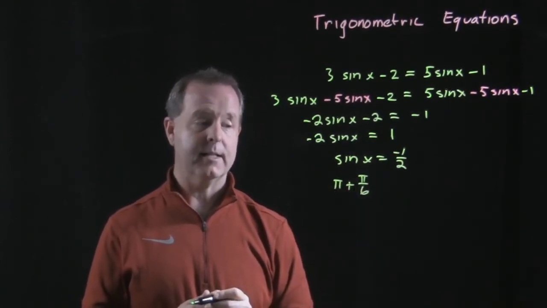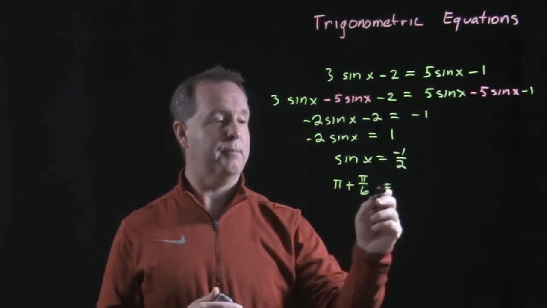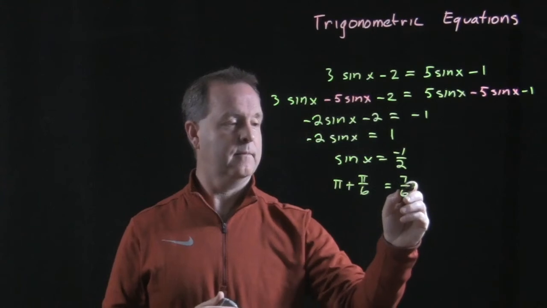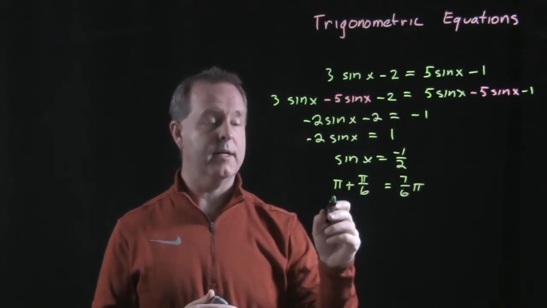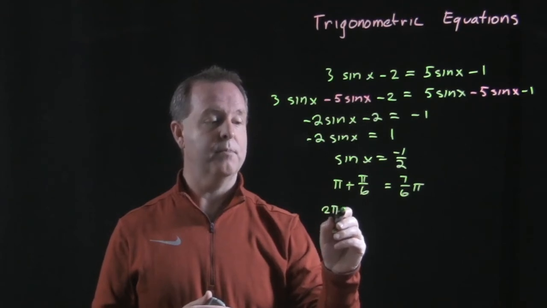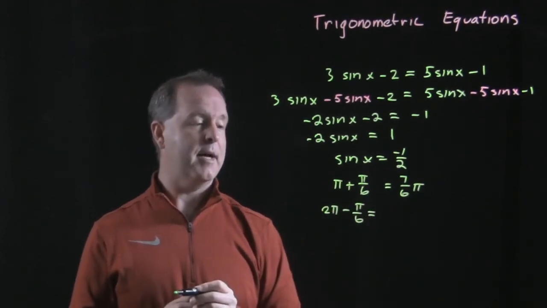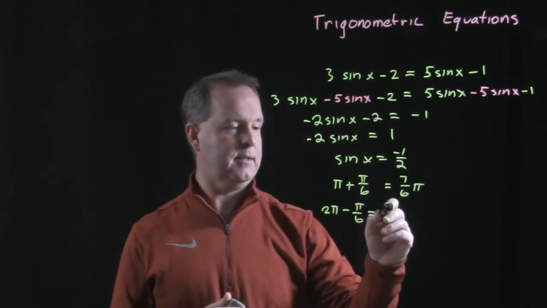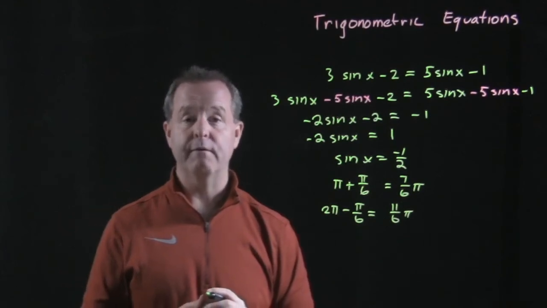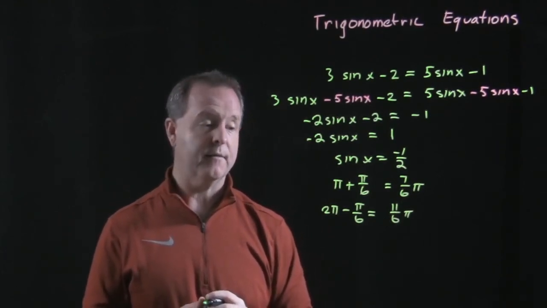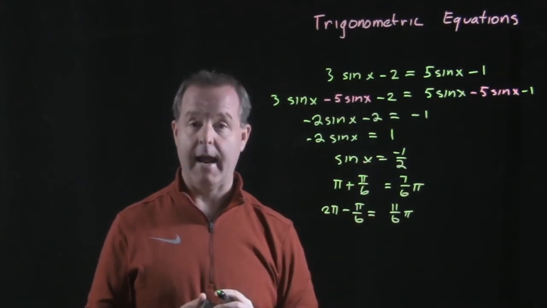Pi plus pi sixth gets it into the third quadrant, and that would equal 7/6 pi. And then there's another one in the fourth quadrant, and we determine that by finding 2 pi minus pi sixth, which gives me 11/6 pi. So there are all the values within the period from 0 to 2 pi that have a sine of negative 1/2.